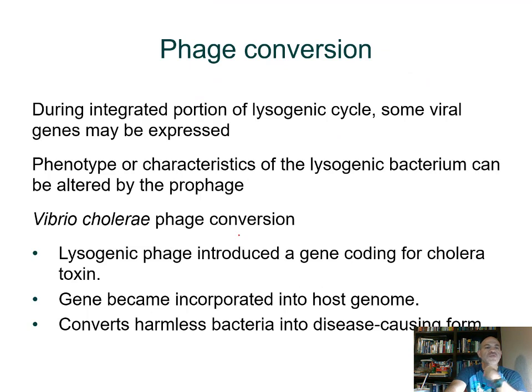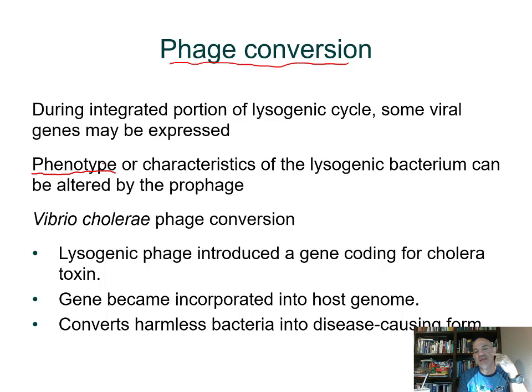So when it comes to the lysogenic type of cycle, a phenomenon has been observed called phage conversion. In this case, the bacteria's phenotype is actually changed by the virus. When the viral genome gets integrated into the bacteria's chromosome, some of the genes from the viral genome start to get transcribed and translated.